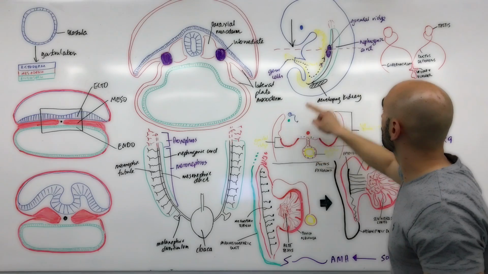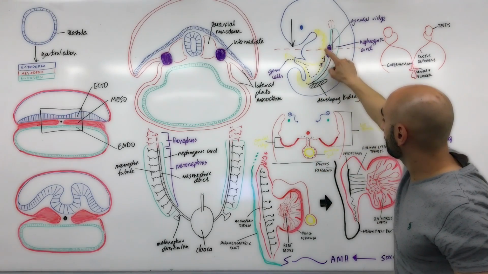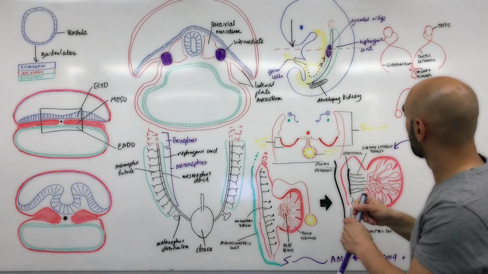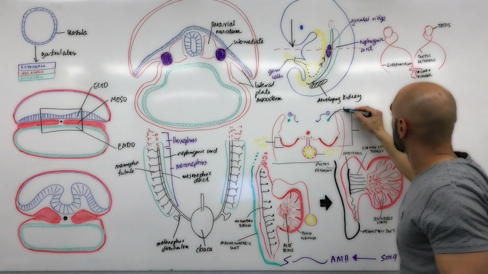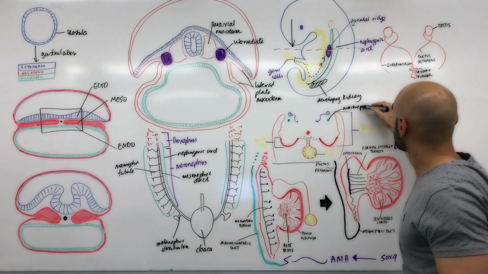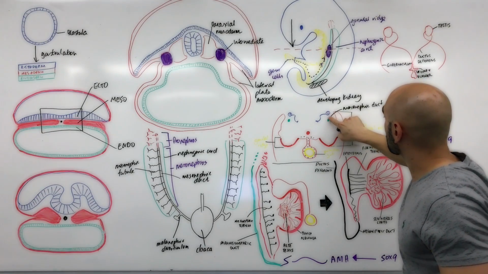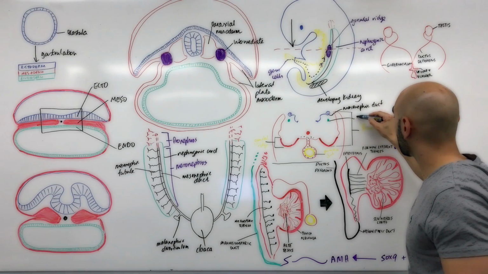So this is right there. That primitive gut is this yellow part here. And over here in blue, we have the mesonephric duct. Whoops, sorry, not that one. And in green, we have the paramesonephric duct.